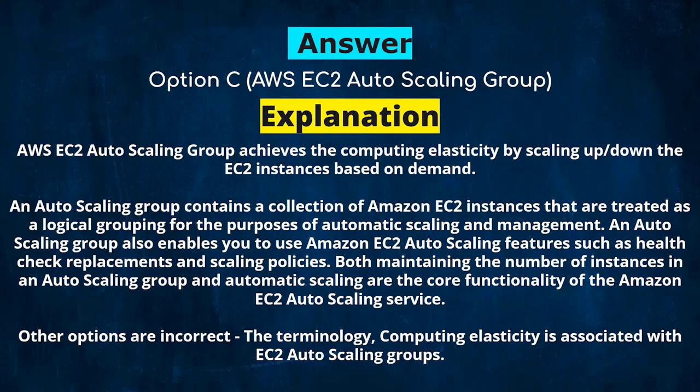An auto scaling group also enables you to use Amazon EC2 auto scaling features such as health check replacements and scaling policies. Both maintaining the number of instances in an auto-scaling group and automatic scaling are the core functionality of the Amazon EC2 auto-scaling service. Other options are incorrect. The terminology computing elasticity is associated with EC2 auto-scaling groups.